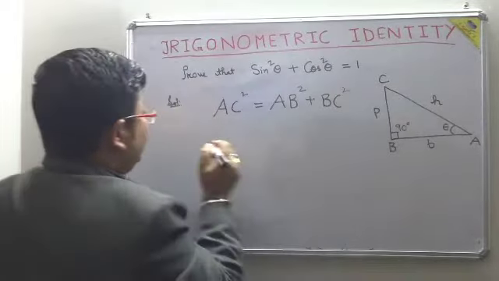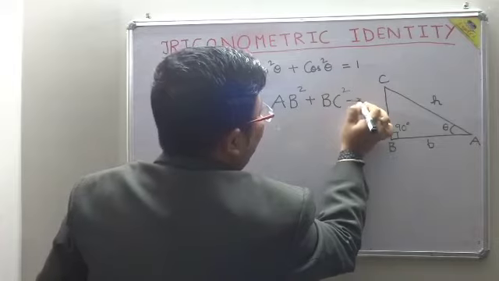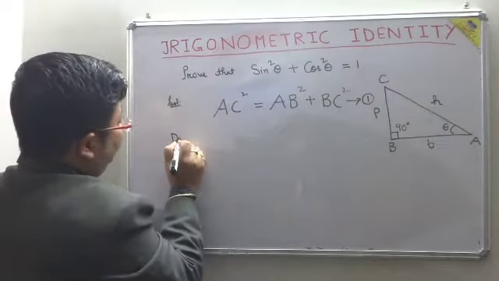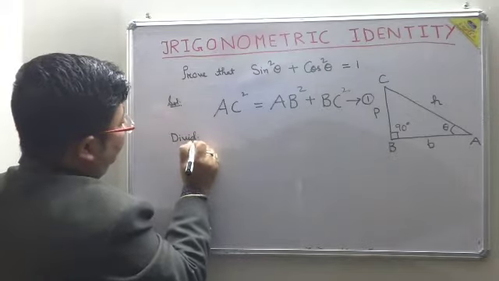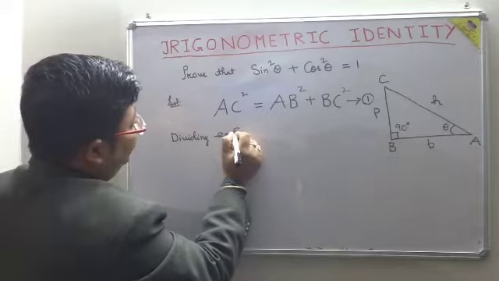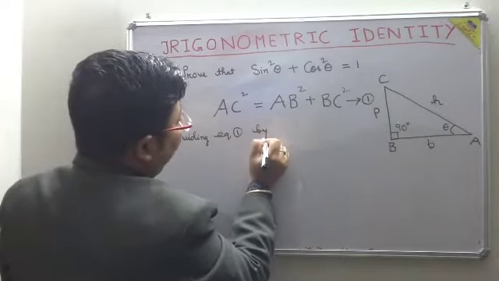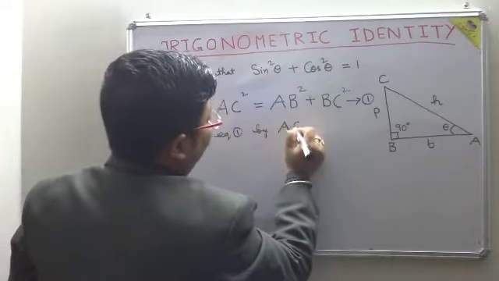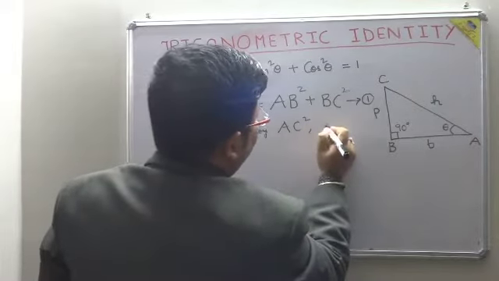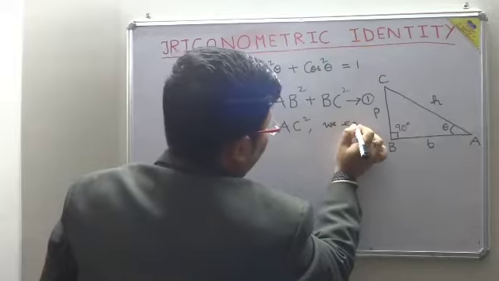Let this be equation 1. Dividing equation 1 by AC square, what do we get? Each and every term we will have to divide.